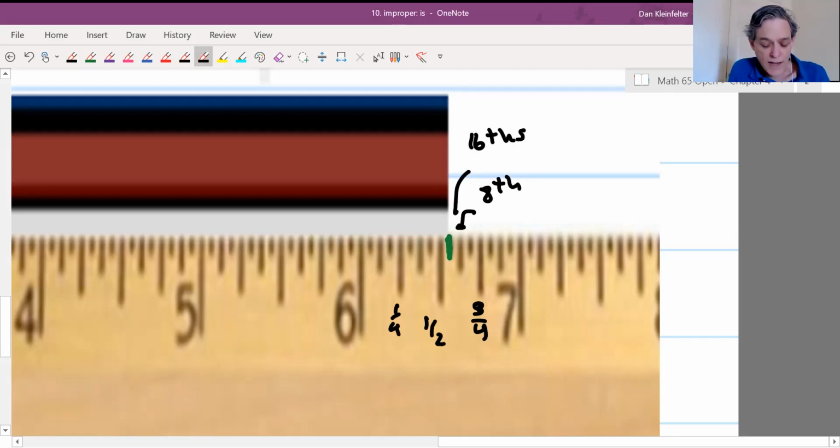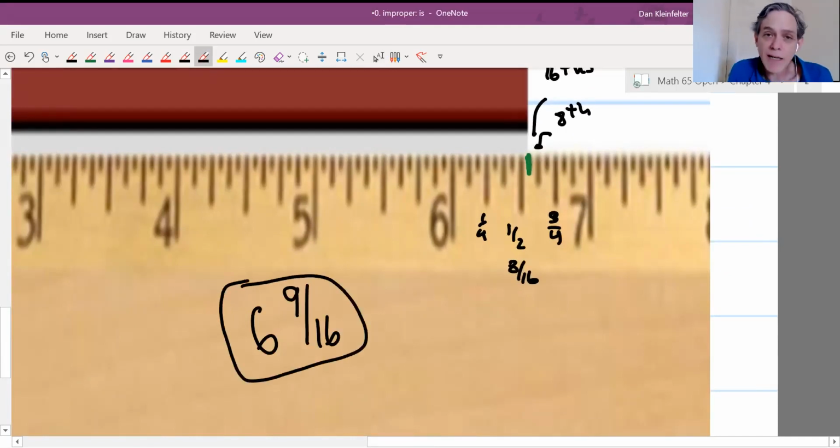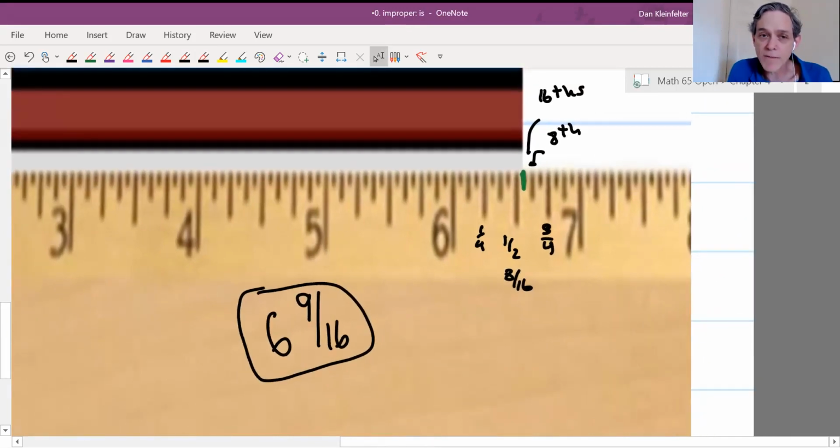Okay, so 8/16 will be 1/2, and so this is 6 9/16. If you're not comfortable or really familiar with doing that, you might want to get out a ruler and practice measuring some things and writing down their lengths.